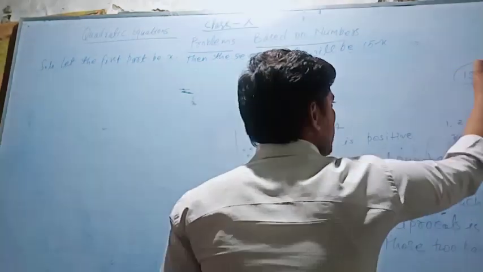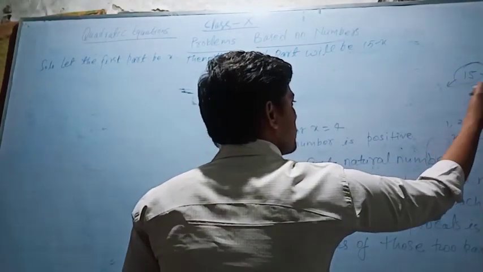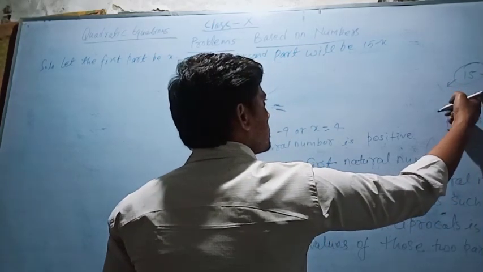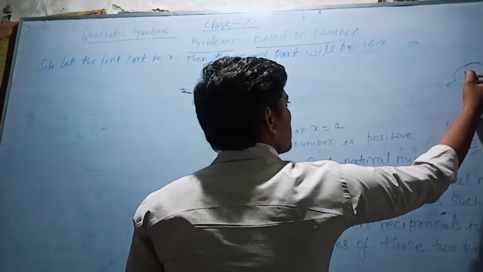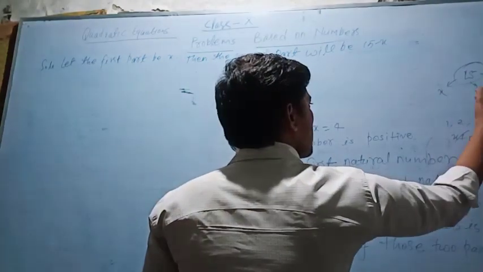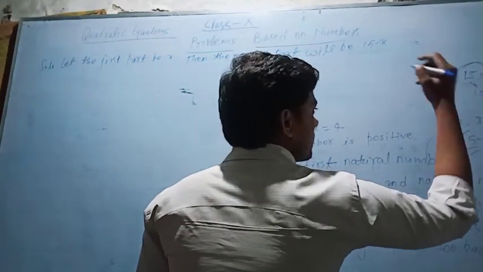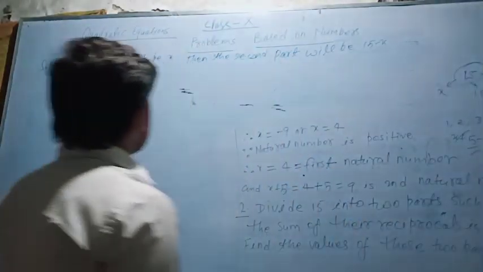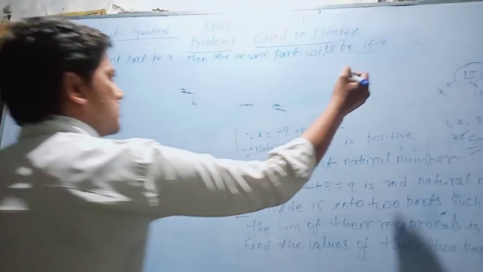We have to divide 15 into two parts whose sum is 15. Suppose the first part is x, then the second part will be 15 minus x. The reciprocal of x is 1/x and the reciprocal of 15 minus x is 1/(15 minus x).